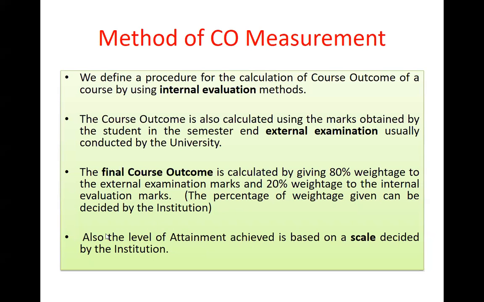This is what is given in the manual, but the institution can also decide on the way they calculate the final course outcome. Also, the final level of attainment achieved is based on a scale decided by the institution.